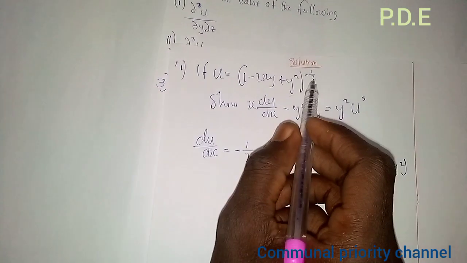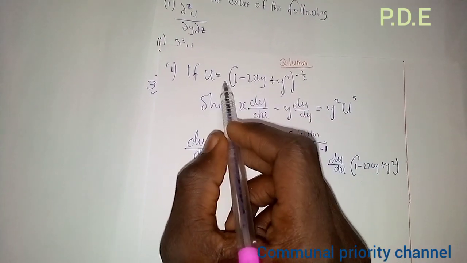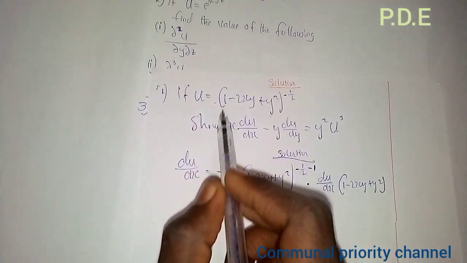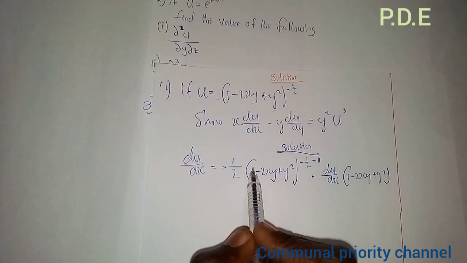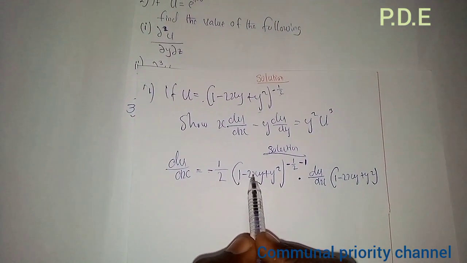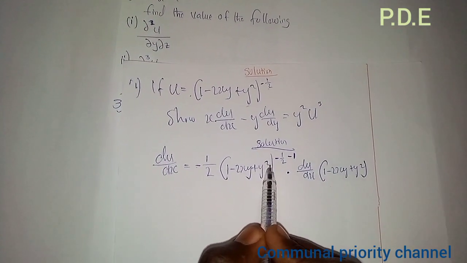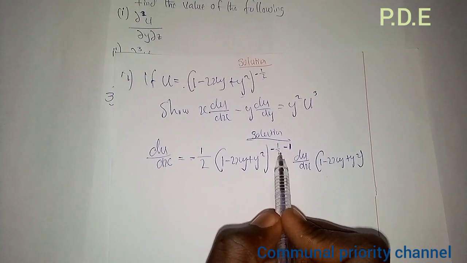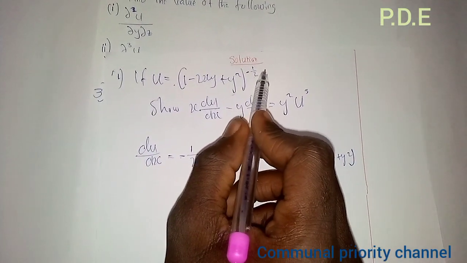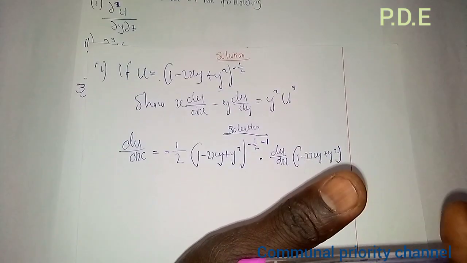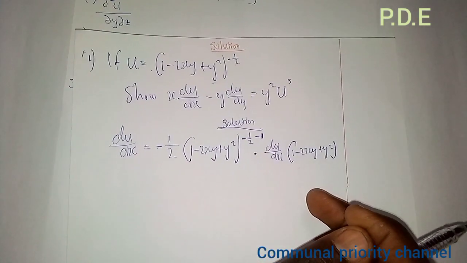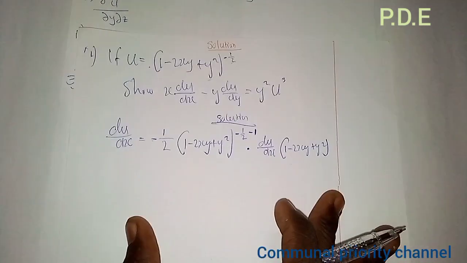First of all, we'll multiply this minus 1 over 2 with the coefficient of the bracket, which by the rule of differentiation will give us minus 1 over 2 (1 minus 2xy plus y squared) to the power of minus 1 over 2. Then we'll subtract 1 as a rule of differentiation. We saw different types of differentiation in our previous video; you can search our YouTube channel.